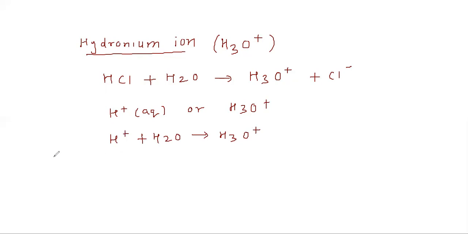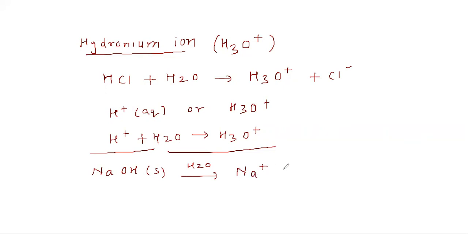Now we can see that when base is dissolved in water, then it gives OH minus ion. So let's take some example, like NaOH, suppose it is in solid form and dissolved in H2O, then we will get Na plus aqueous and OH minus aqueous.